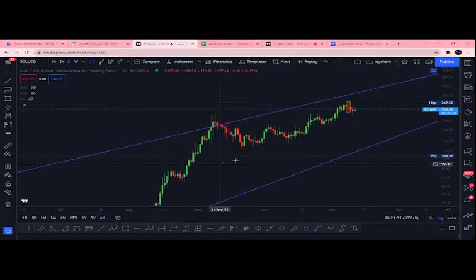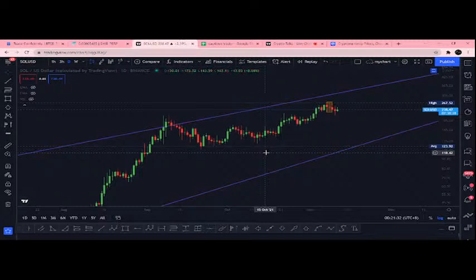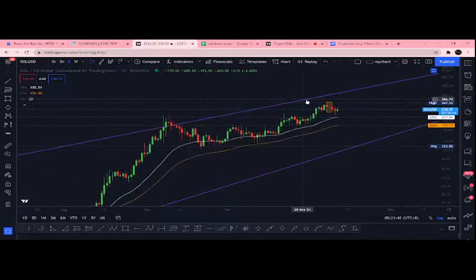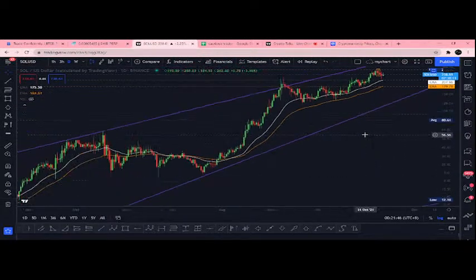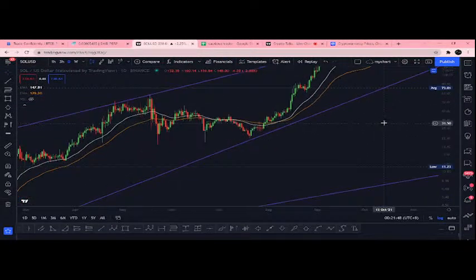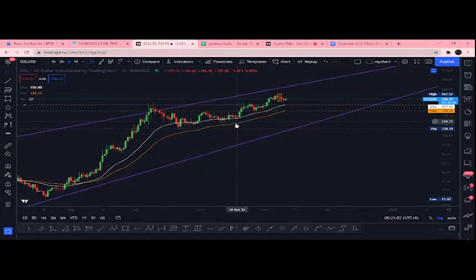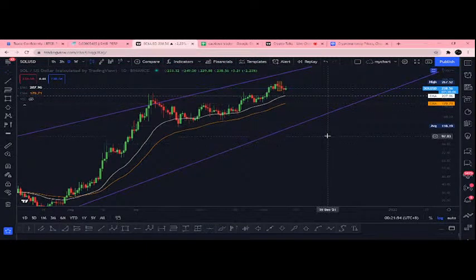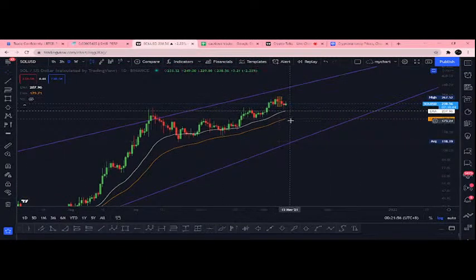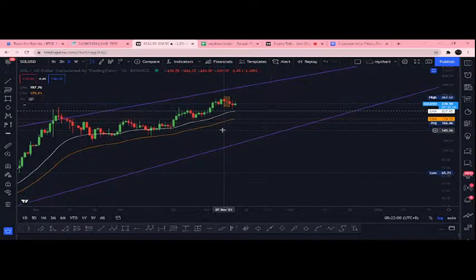So how about here? If you look at the previous ones here, it's breaking below the EMA 30 a bit.